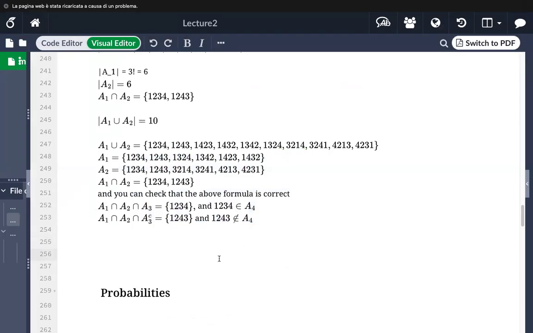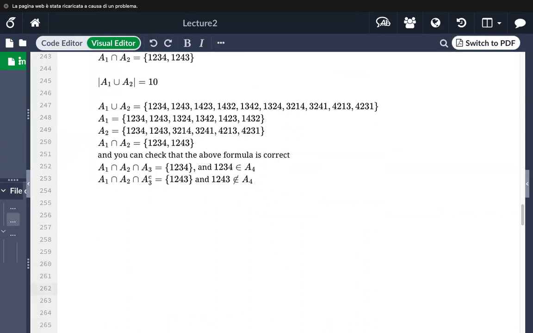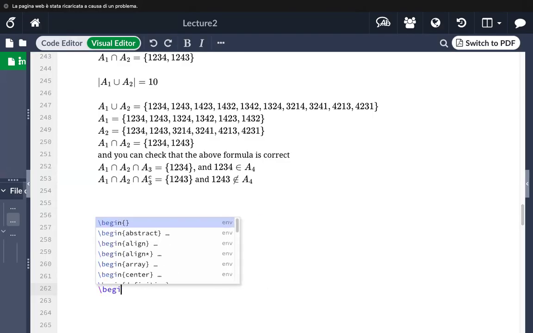So let me give some properties that a probability satisfies. The most important properties are two, which are the following.